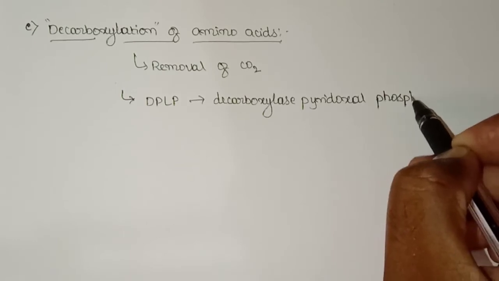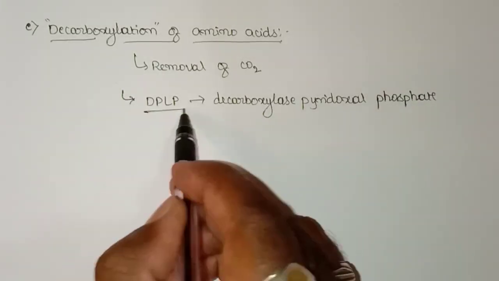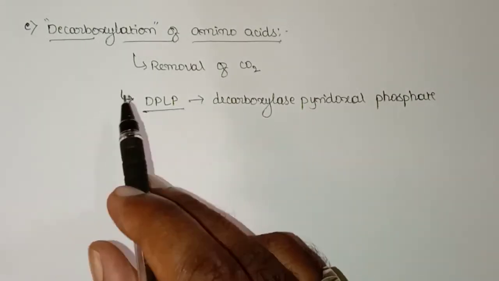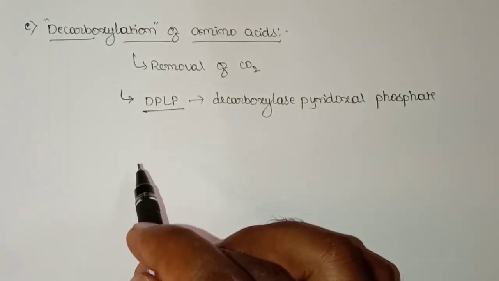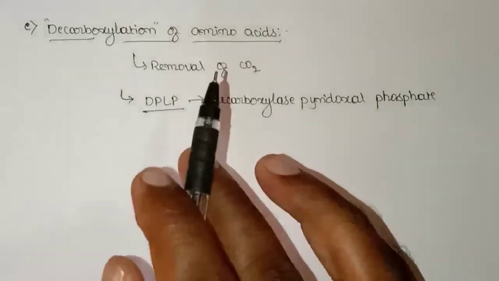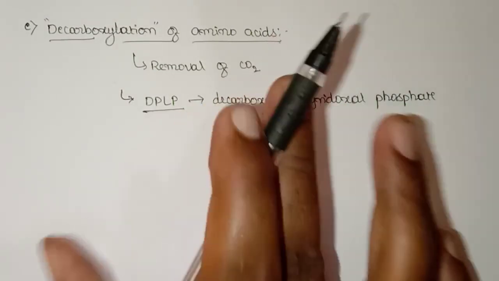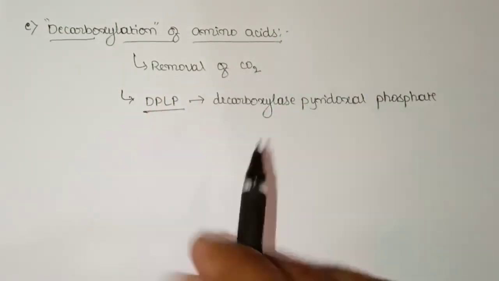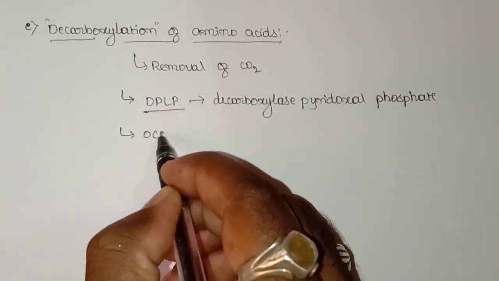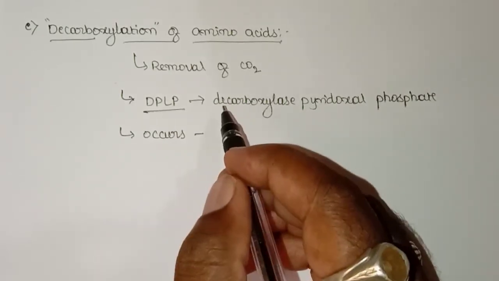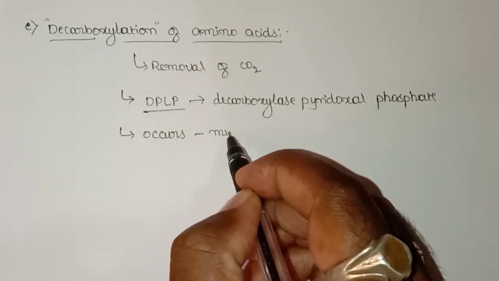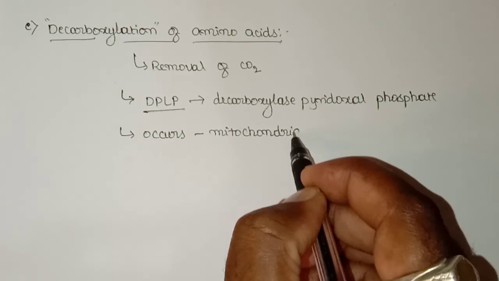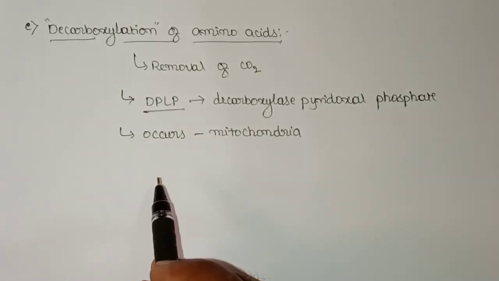Pyridoxal phosphate is the full name of this enzyme, and it is widely employed in performing the decarboxylation reaction of amino acids. One thing we should remember is where this reaction occurs. The decarboxylation of amino acids majorly occurs in the mitochondria, the energy factory of the cell.